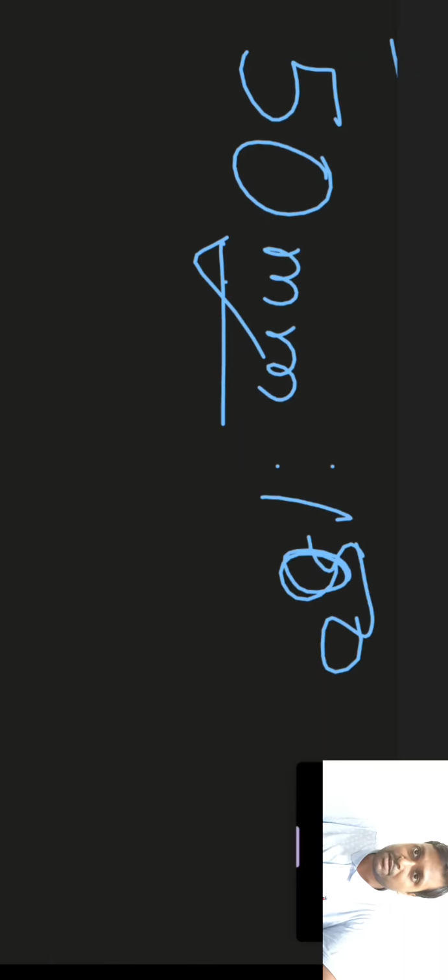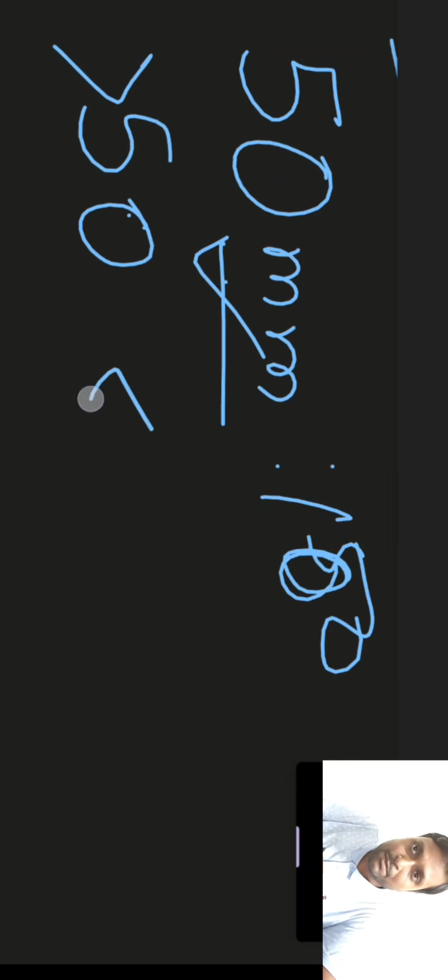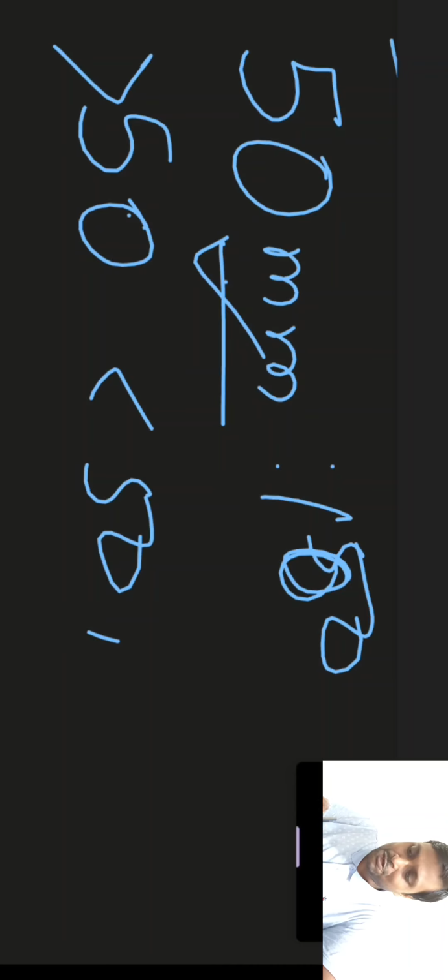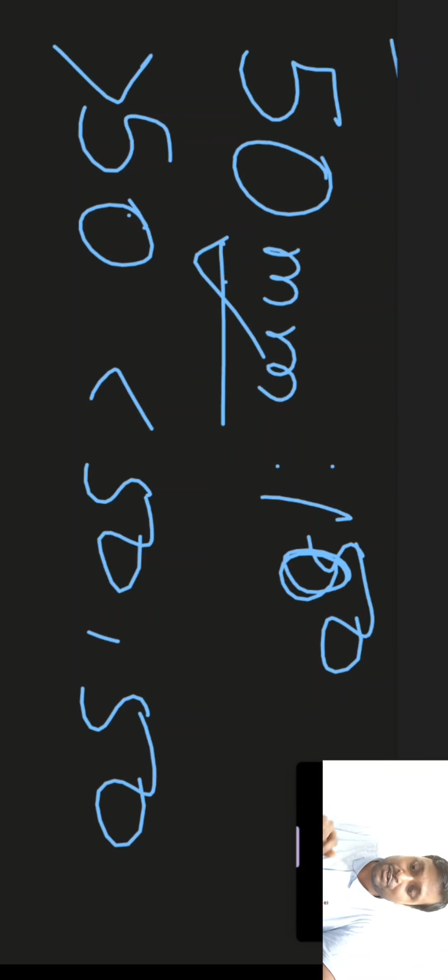When you manufacture and measure, you will find that someone is more than 50 mm, someone is less than 50 mm, and by chance some shafts may be of 50 mm, but it will be rare that a shaft will be exactly 50 mm.